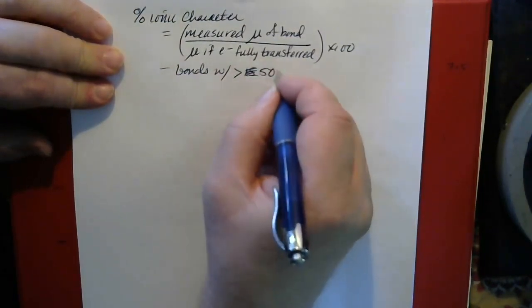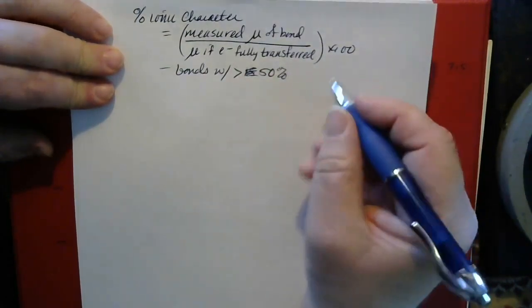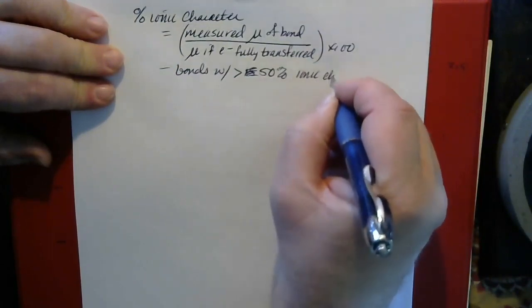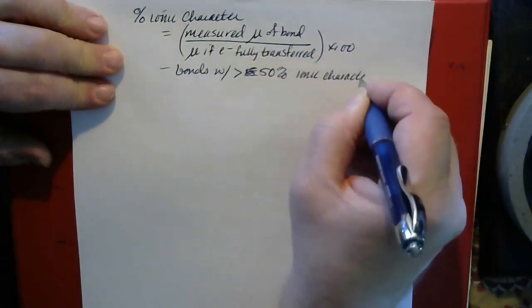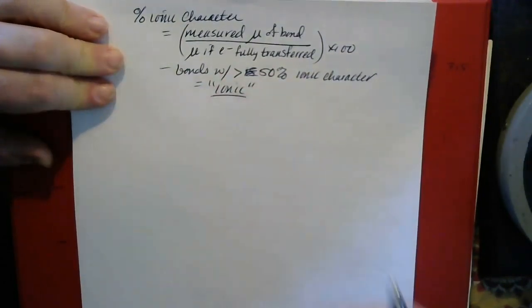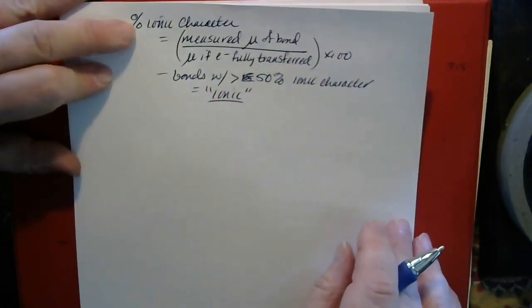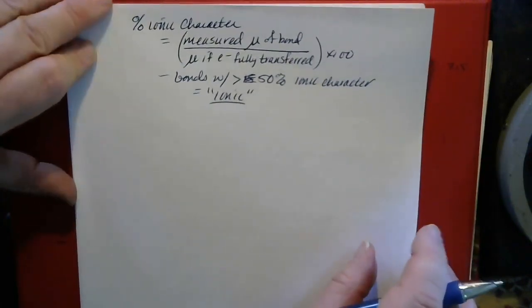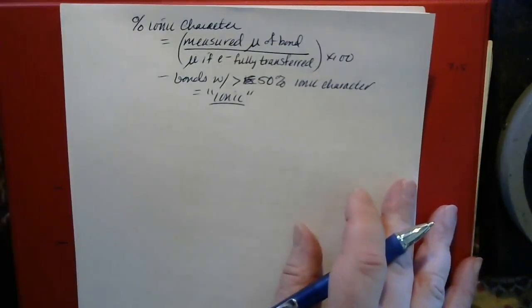Generally, bonds with more than 50% ionic character are called ionic. If it's less than 50% ionic character, then it would be covalent. If it's a fully nonpolar covalent bond, then that would essentially mean 0% ionic character.